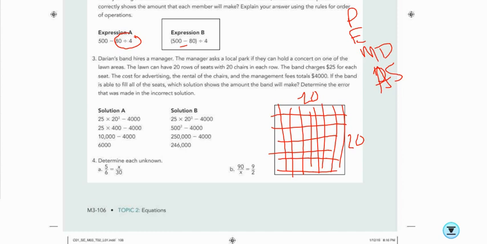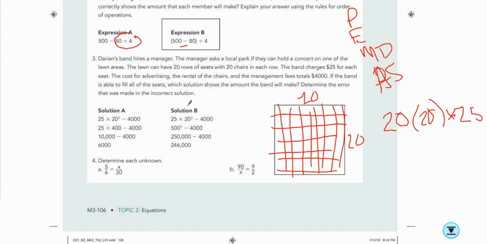And so 20 times 20 is the number of seats. But then the seats get multiplied times 25 because that's how much it costs for one seat. So the solution that we need to see is 20 to the power of 2 times 25. And then at the end, they subtract $4,000.